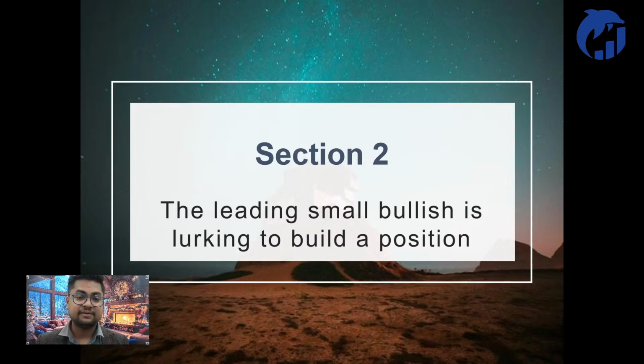Please type your answers in the comment section. Next, how do we determine the cost of a main fund position building, right? Again, type your answers in the comments section.